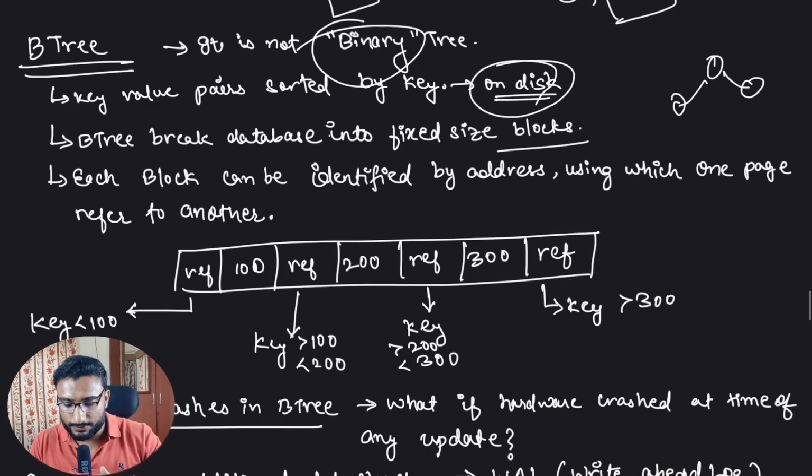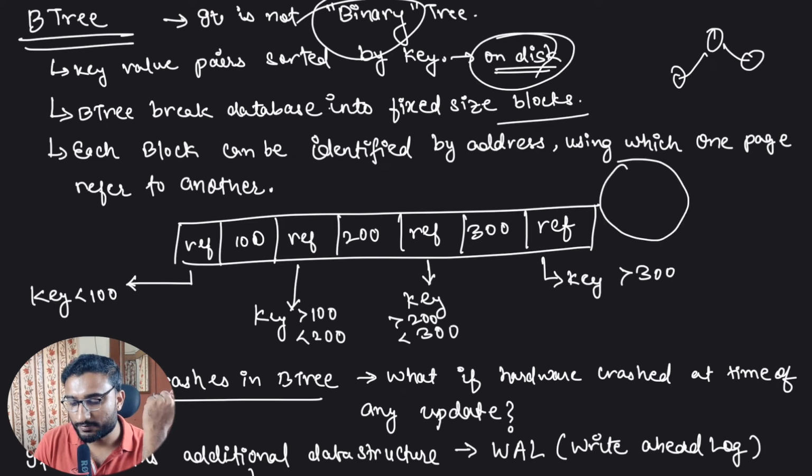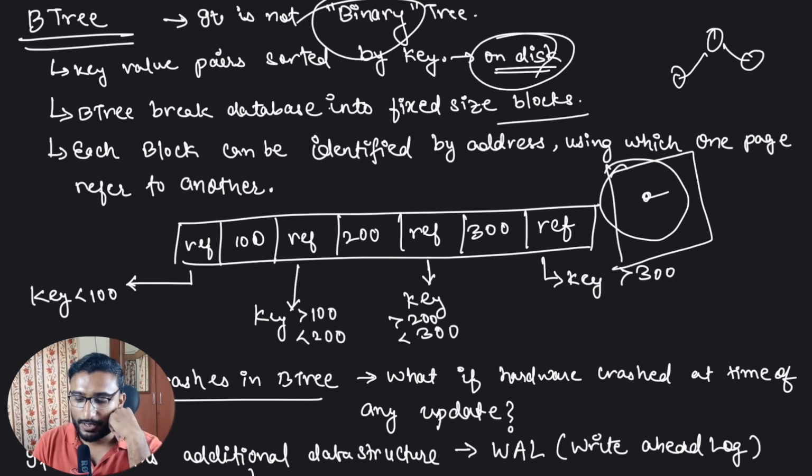So let's take a very high level view. Let's say this is your entire disk. ठीक है, यहाँ पे एक ये स्पिनर लगा हुआ, ये घूमता रहता है. इन केस ऑफ मैग्नेटिक SSD में ऐसा नहीं होगा, बट लेट्स से दिस इज योर डिस्क. ठीक है, हार्ड डिस्क है अपनी. Now in your hard disk you have a lot of space available. Now what B tree will do, B tree will construct pages of let's say 1 KB each.